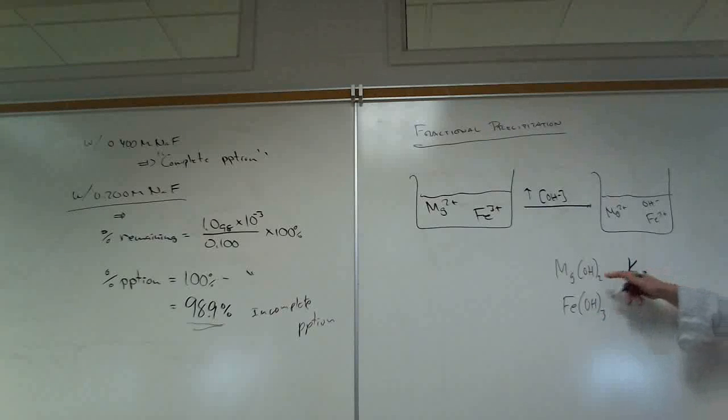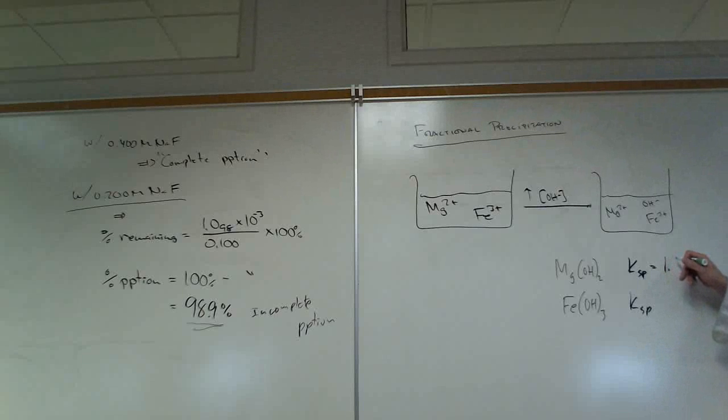If we look at the KSP for magnesium hydroxide, does somebody have their book? 1.5 times 10 to the negative 11, thanks.